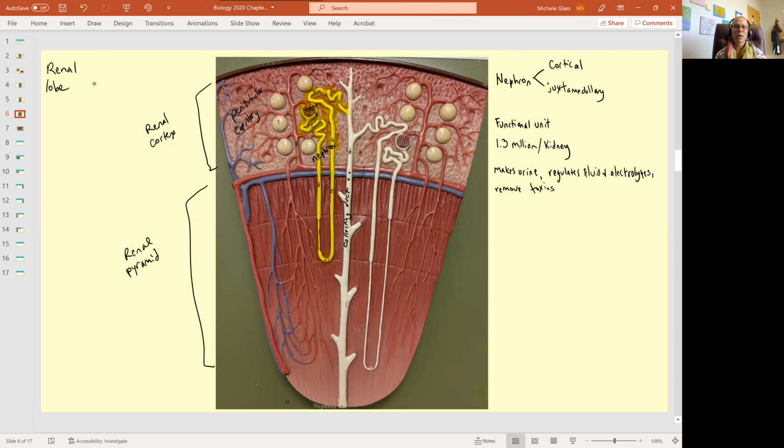And so up next, what we're going to be doing is looking up close and personal at each section of the nephron, talking about its detailed anatomy and physiology. While we're here, I think let's go ahead and mention it's mostly made out of simple cuboidal epithelium, but there'll be some places where we'll get simple squamous epithelium.